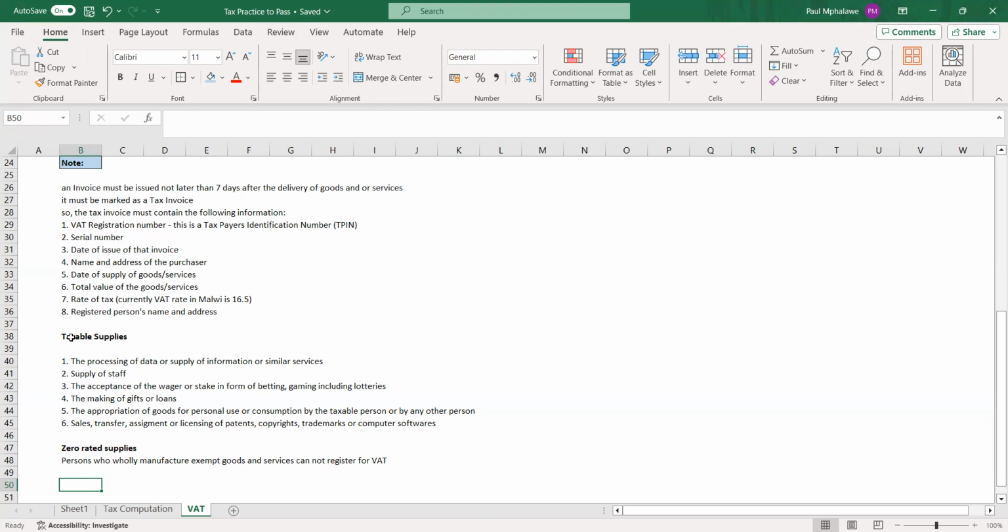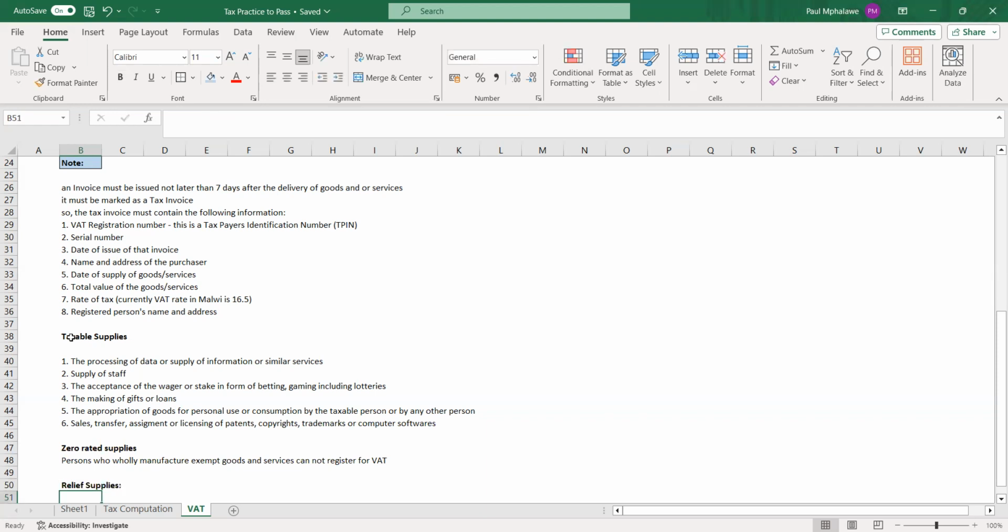There is a standard method that should be used if you supply exempt goods as well as partially exempt goods. All right, so what are these relief supplies?